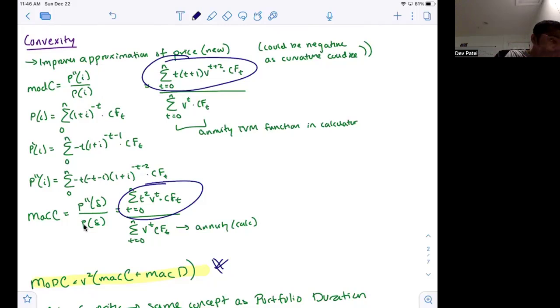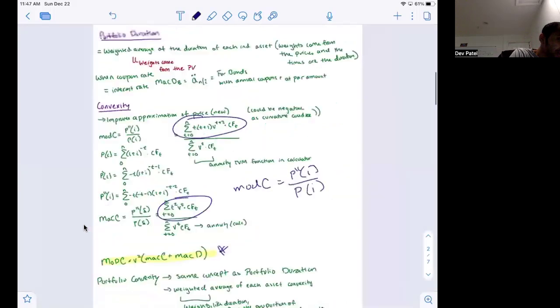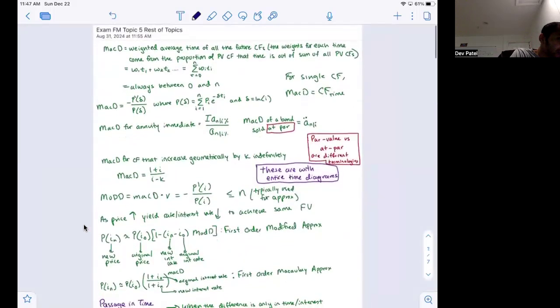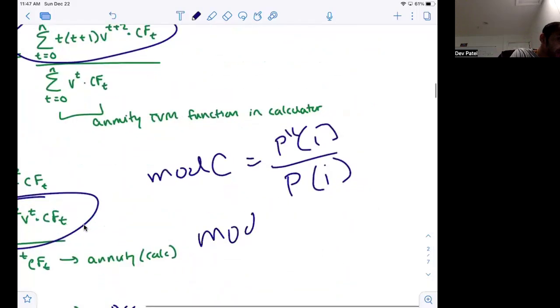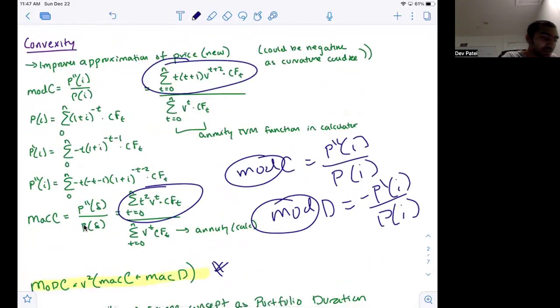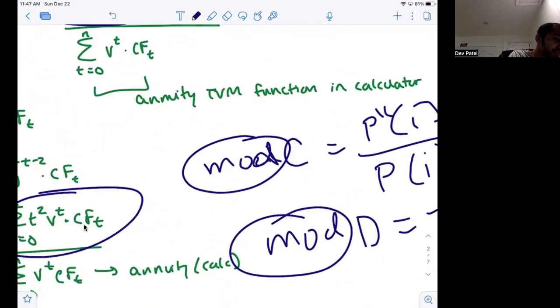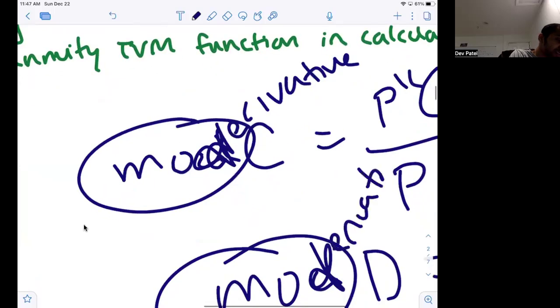One of the things you can remember is that mod C is the second derivative with respect to I over P of I, and mod D is the negative of the first derivative over P of I. Both of the mods, the last letter of mod, start with D. You can think of that as a derivative.